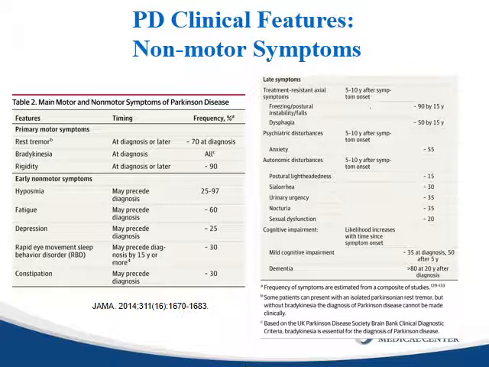Cognitive impairment is a common symptom of later stage Parkinson's disease, presenting as mild cognitive impairment or more severe as dementia. It is believed that more than 80% of Parkinson's disease patients, if they live with the disease for more than 20 years, are going to develop dementia.